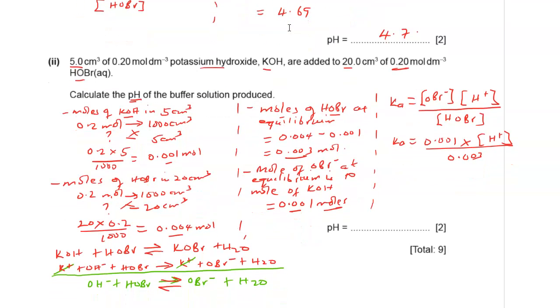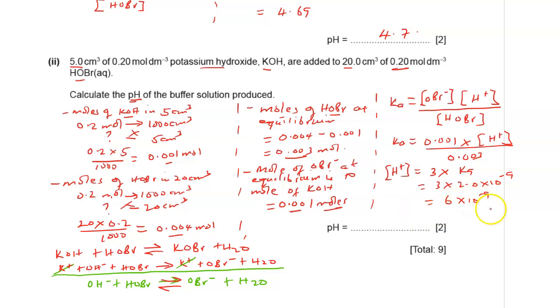That one we know. So when we make hydrogen ions the subject, hydrogen ion concentration will be equal to 3 times Ka, when you multiply on both sides and divide, you get 3 times Ka, and Ka, the acid dissociation constant, is given as 2.0 times 10 raised to power minus 9. Of course, this would give us 6 times 10 raised to power minus 9.